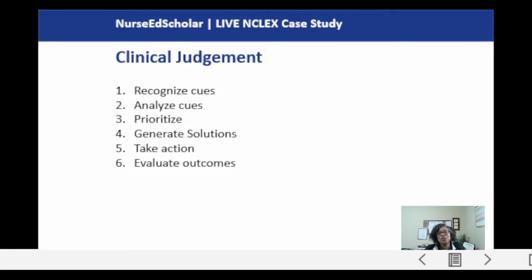But the problem with students is that middle. Think of it like a sandwich: recognizing cues is at the top, evaluating is at the bottom, but you have all of this stuff in the middle. And that's where students get all jumbled up. But if you follow the clinical judgment model, it should help you stop guessing and really start thinking like the NCLEX. So let's start.